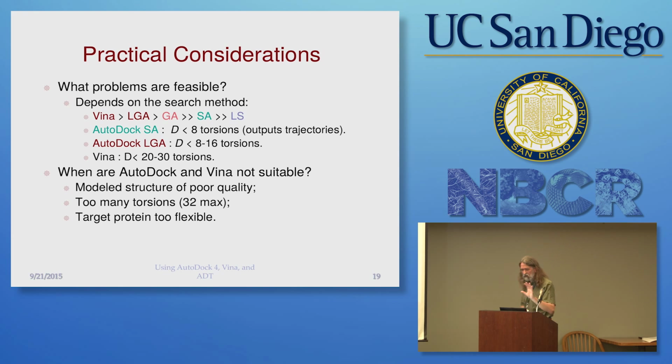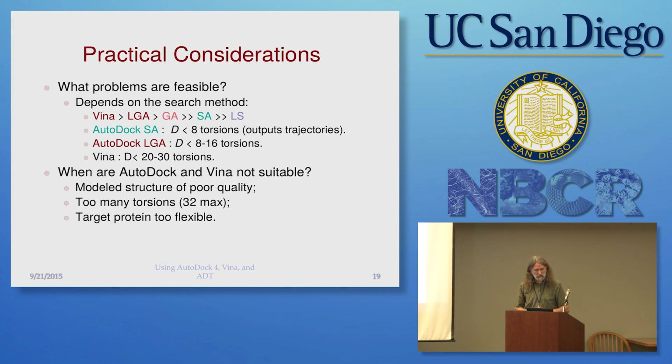So you always want to try to look for a target structure that's close to what you think is going to be appropriate for the small molecule you're trying in your docking simulation.